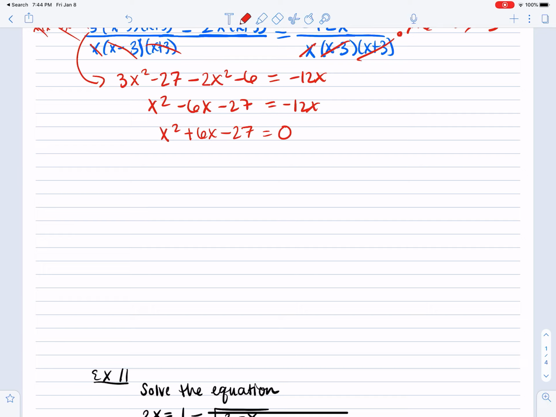And then if you did a t-chart on the side over here, okay, you would end up getting x minus 3, x plus 9.